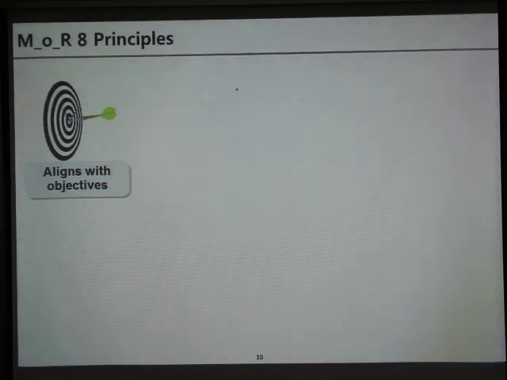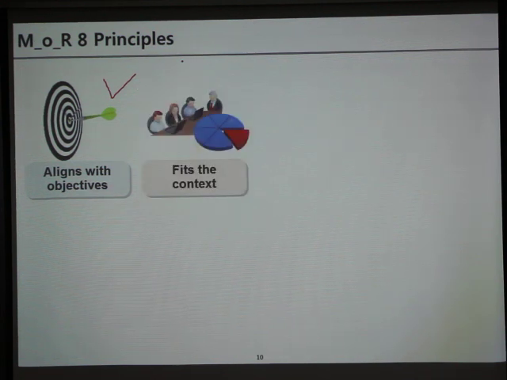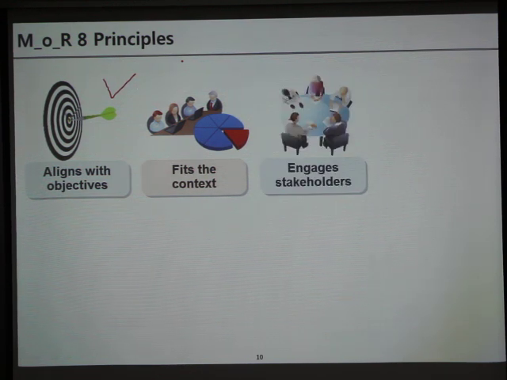Risk management should be aligned with the objectives of the organization, and be tailored to match the current context. We need to listen to stakeholders' requirements.